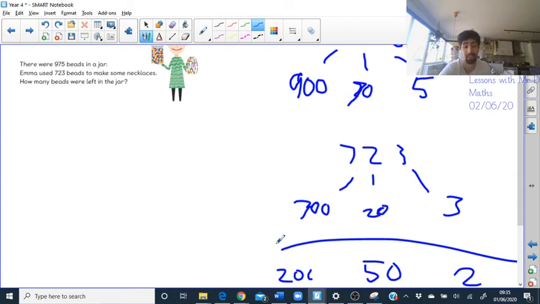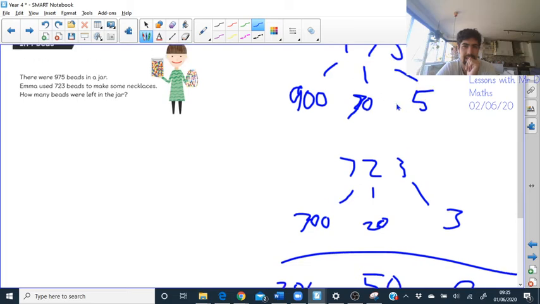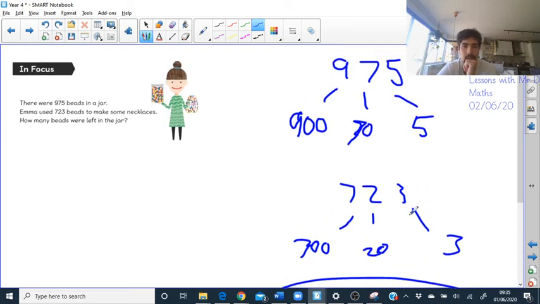That's one method of doing it. However, it's going to take up a lot of room, and you might be tempted to start with your hundreds first, and that might make you make a mistake. Or you might take the wrong numbers, like I did.